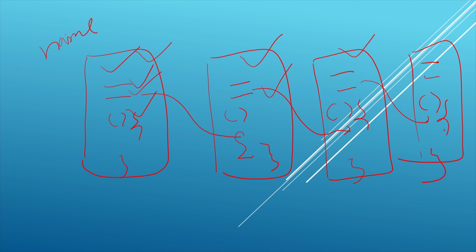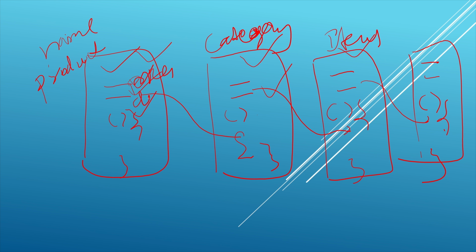Assume you are writing a program for an online e-commerce system, you might have something called a product, a class called a product, and a category and item, and then you have something called a price, discount, and item name.